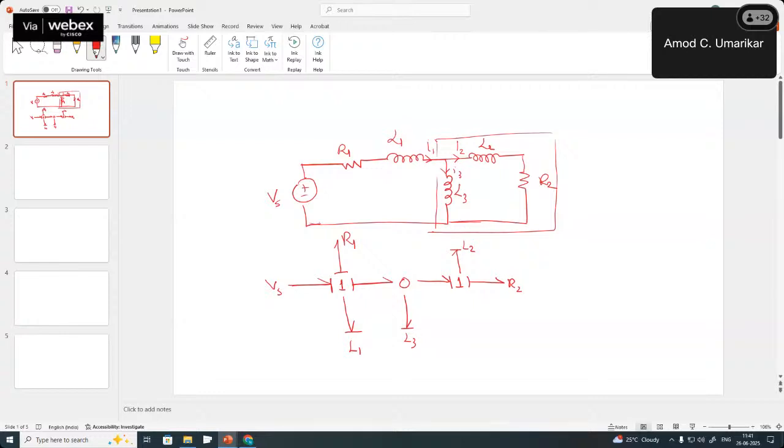There is no issue at the one junction, but there is an issue at the zero junction.